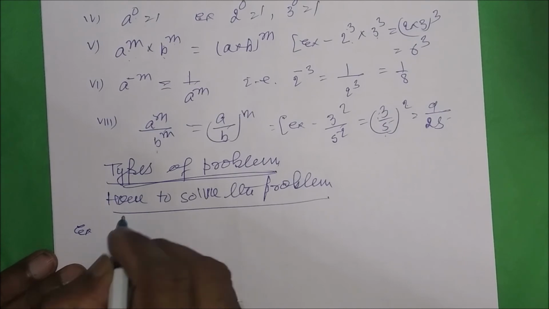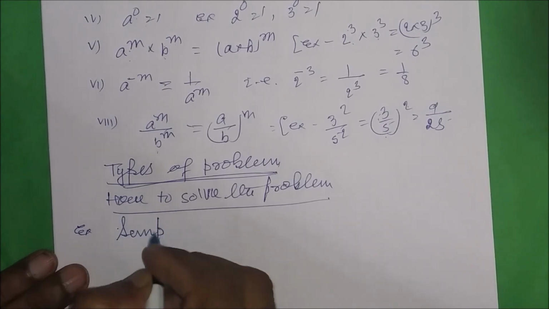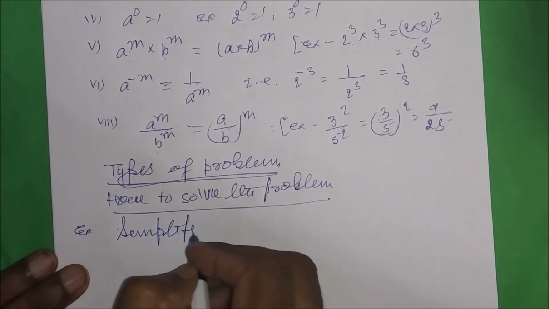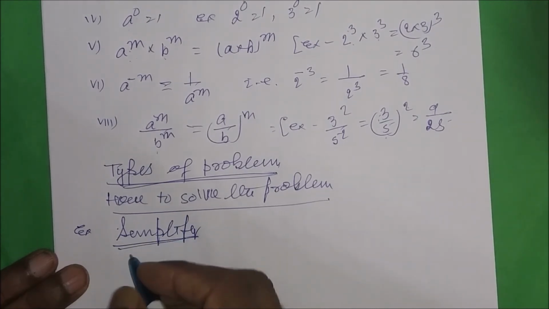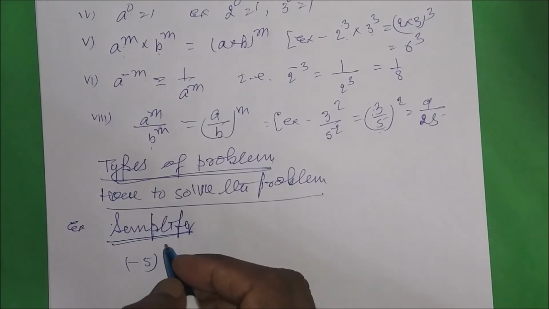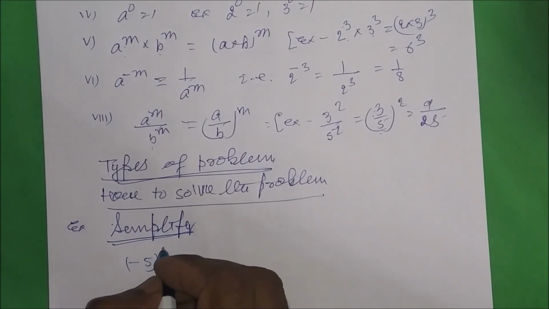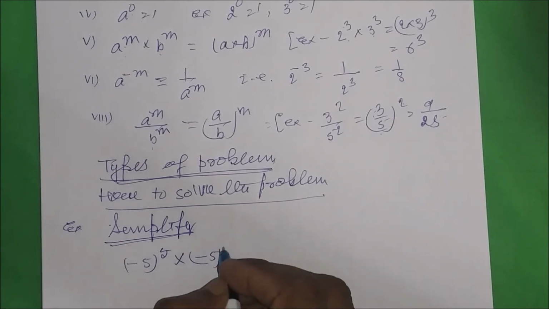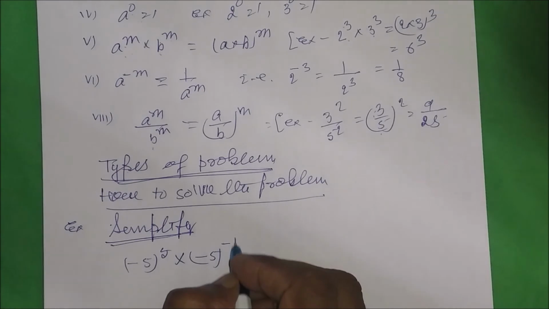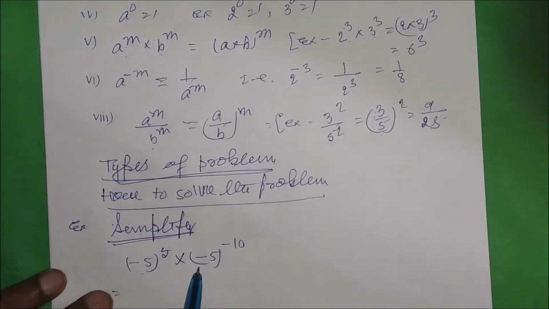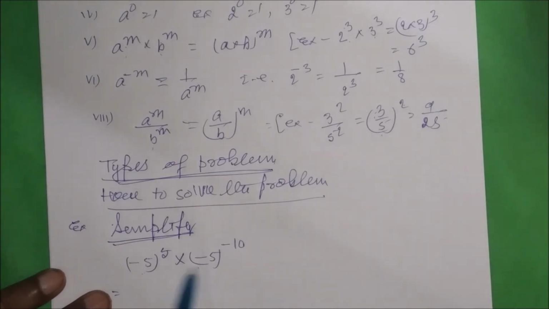Suppose the question is: simplify. An example like your exercises will have. Simplify minus 5 to the power 5 into minus 5 to the power, suppose I am giving, minus 10. So what will be there? See, the bases are the same.